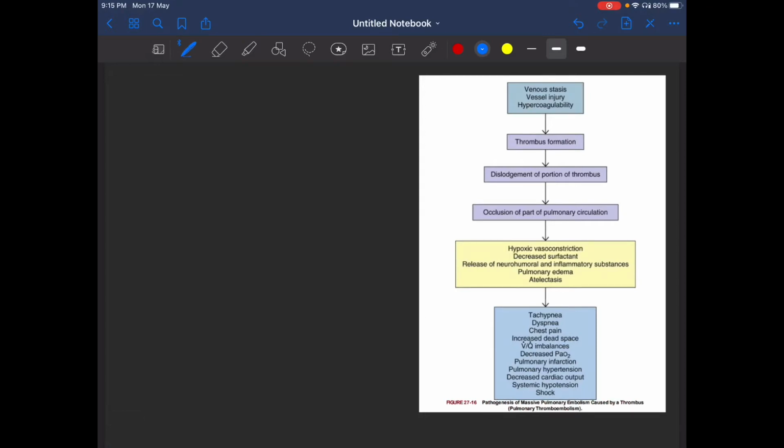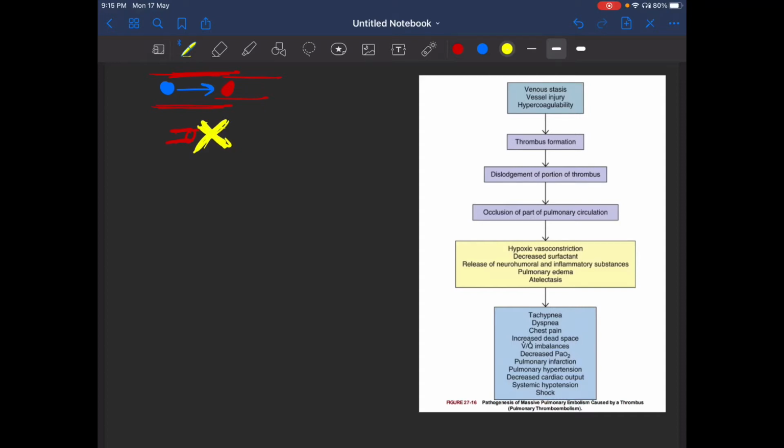Here there is a brief pathophysiology. When this embolus is launched into the circulation, that means it is impeding. The vessel proximal to it will undergo vasoconstriction because this area is not able to exchange the gases.